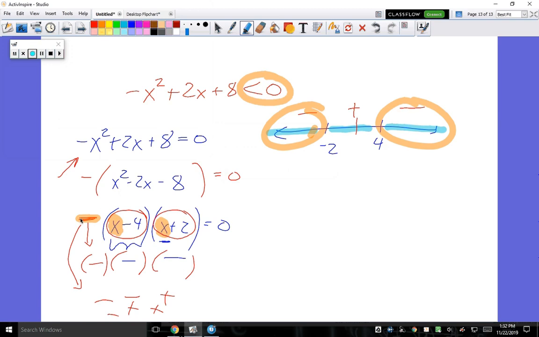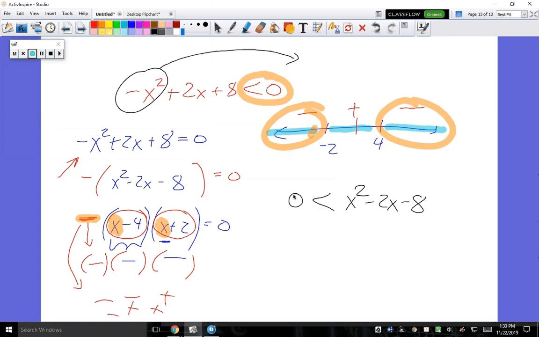Y'all see what I'm saying? So at the original thing, some people, like I'm one of them, will see this and they'll move everything to the right side, so that they'll see x squared minus 2x minus 8 is greater than 0. And it's basically saying, when is it positive? You see what I'm saying?